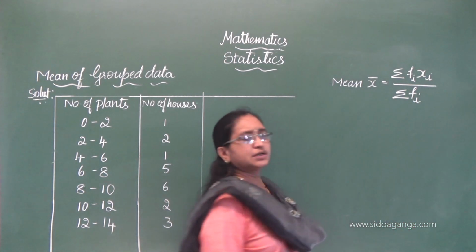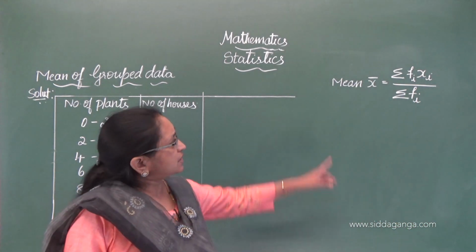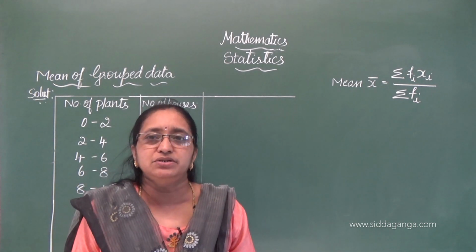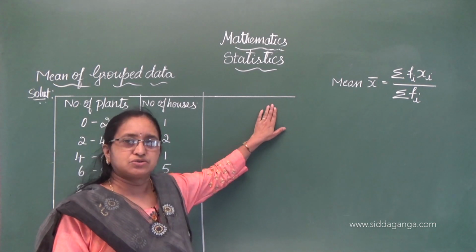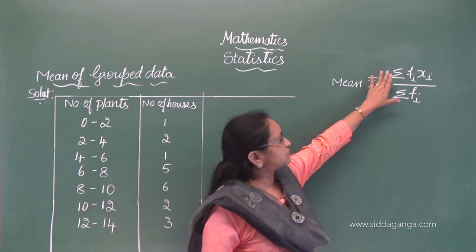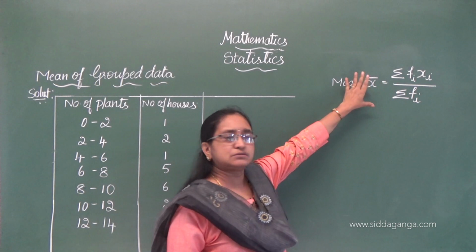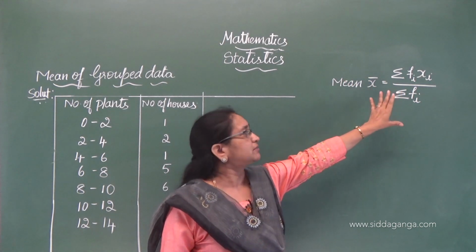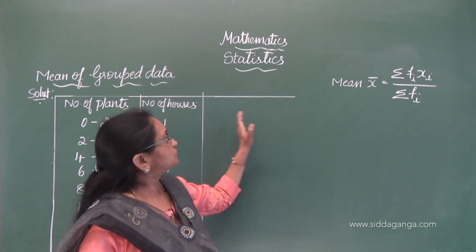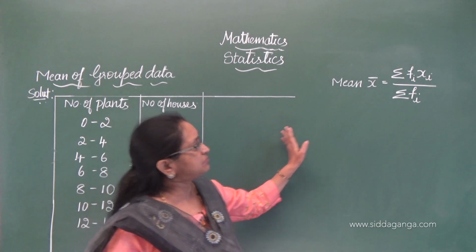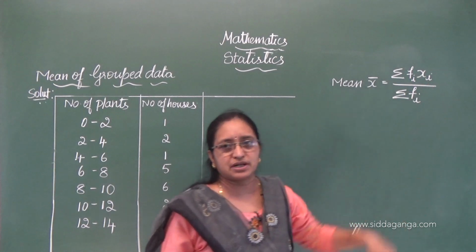This is the formula to find the mean by using the direct method. When you have learned the formula properly, it is easy for you to write the columns here. So what should be the next column, you can decide by looking at this formula.